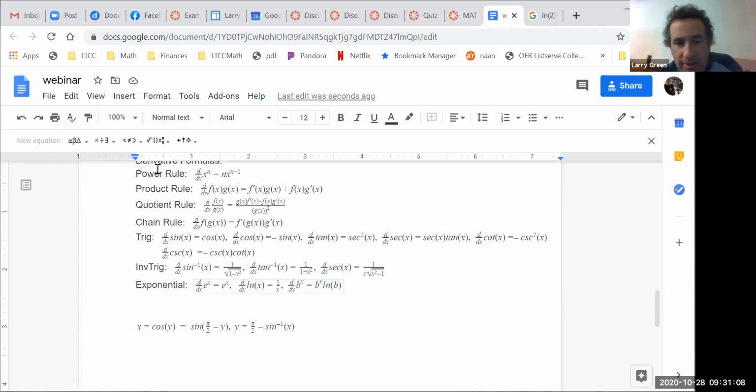And then the derivative of log base b of x was equal to 1 over x ln of b.